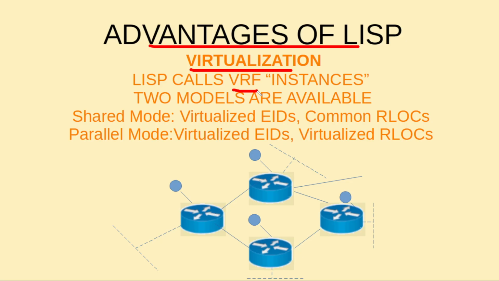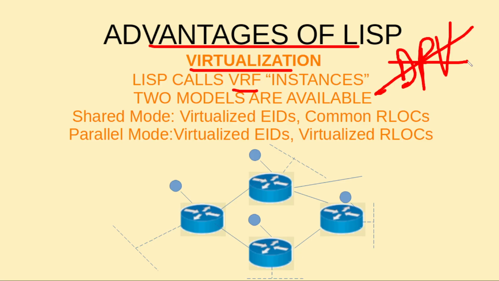So we are not talking here about VRF Lite. We are talking here about full-blown support for VRFs within the protocols. This means that you no longer have to build data path virtualization between routers. LISP will be in charge of doing that automatically for you.